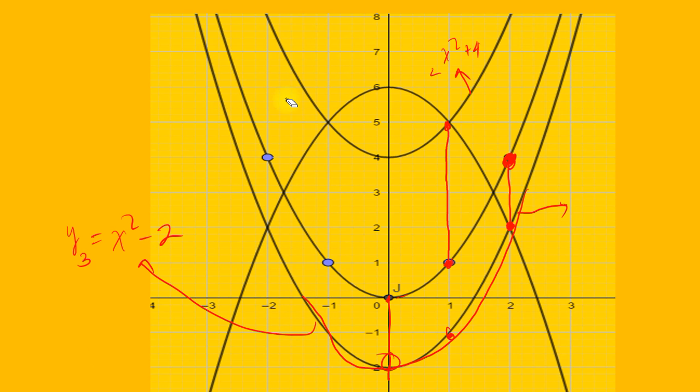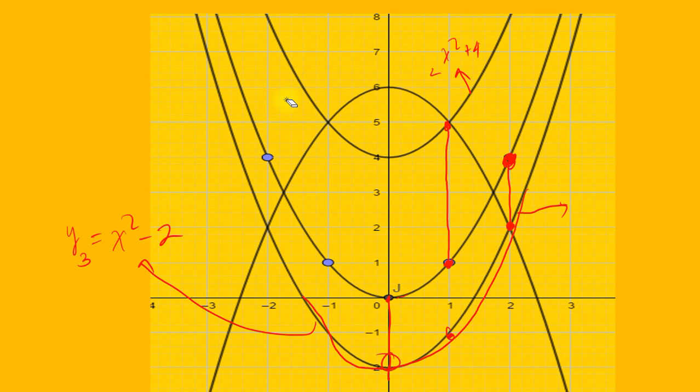Notice that it's a reflection and a vertical shift. Of course, reflection comes first. So meaning this graph is y equals negative x squared first, because it's being reflected. The x squared is being reflected, and then after that it is being shifted from 0 to 6, which means that's plus 6.